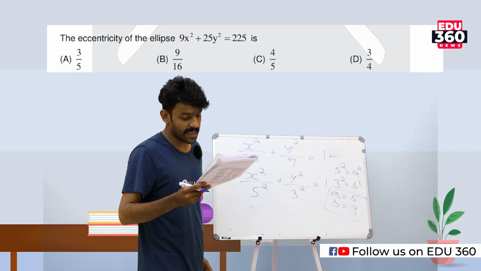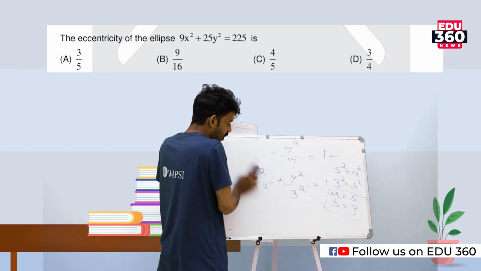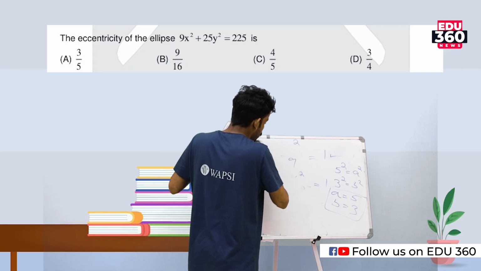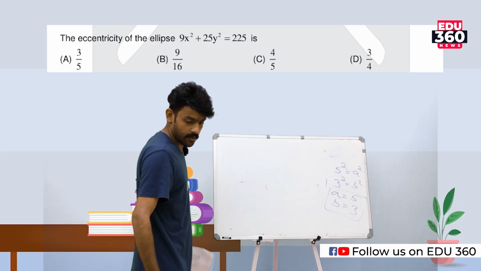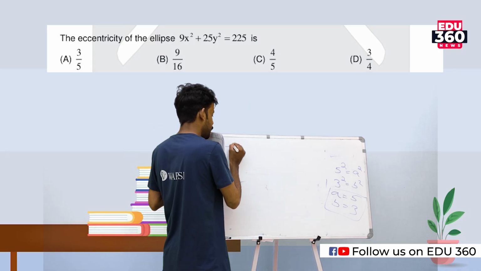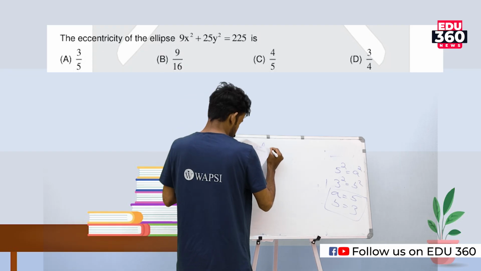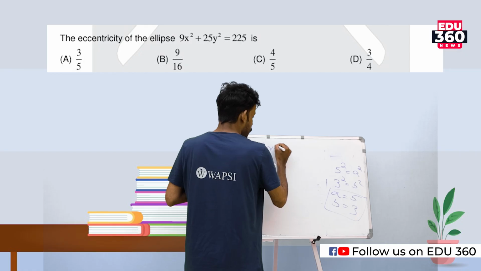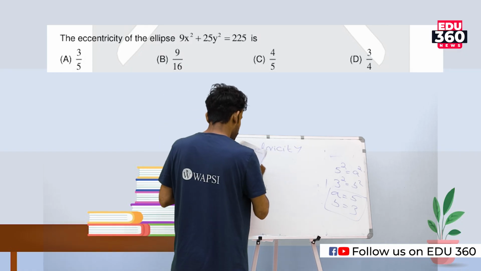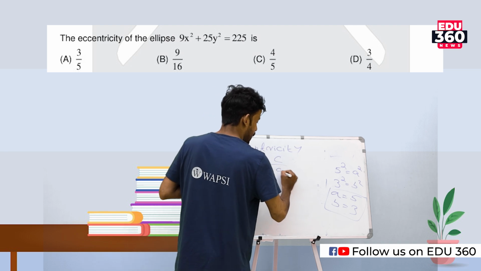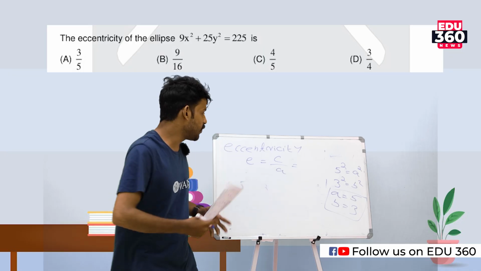In the question we need to find the eccentricity. What is eccentricity? We know that eccentricity is represented by E, and E is equal to C by A. So we know the value of A and B, so hereafter we can find C. How can we find C?